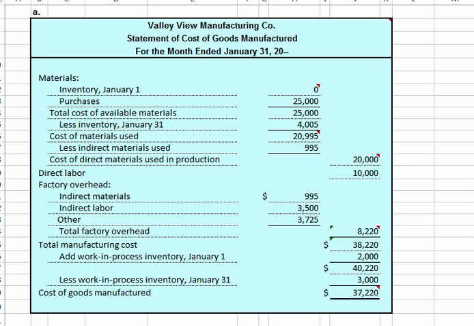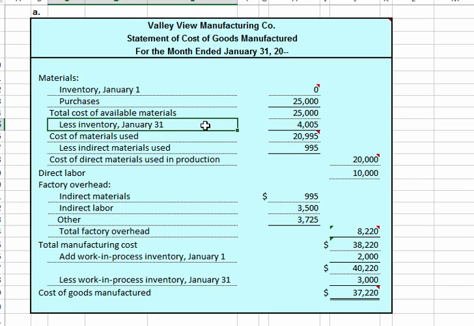Now, after going over this one with me, I know some of the numbers I just kind of made up on the spot, but you'll be given in your problem inventory at the start of the month, purchases. You add those together to get total cost of available materials. You deduct the inventory balance of materials at the end of the month to get cost of materials used.